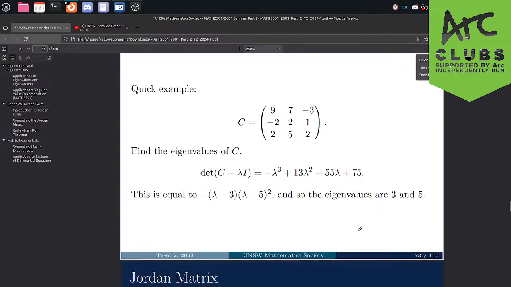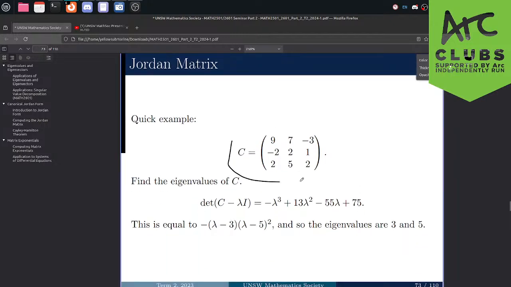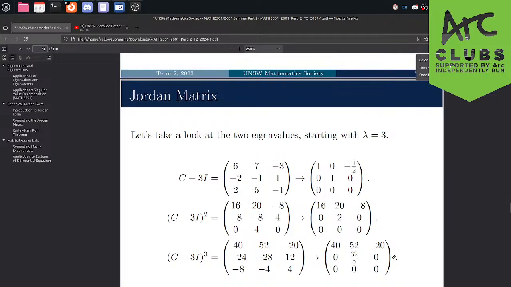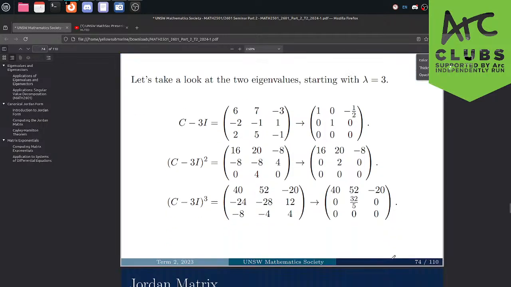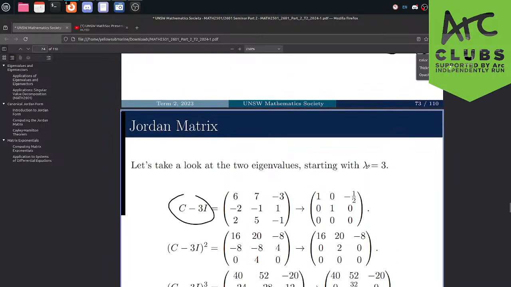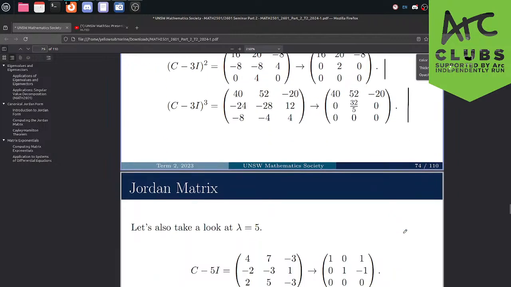As an example, let's take this matrix here, C. We get these eigenvalues 3 and 5. If we were to look at their kernels, we take C minus 3I. This is for eigenvalue lambda equals 3, which has algebraic multiplicity 3. The nullity is always 1, because there are always 2 non-zero rows.